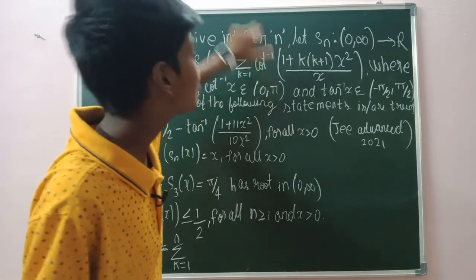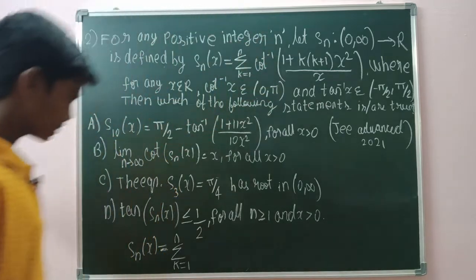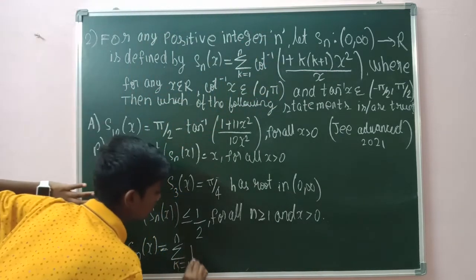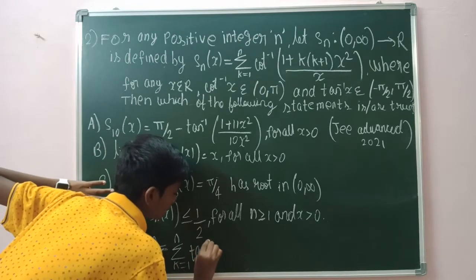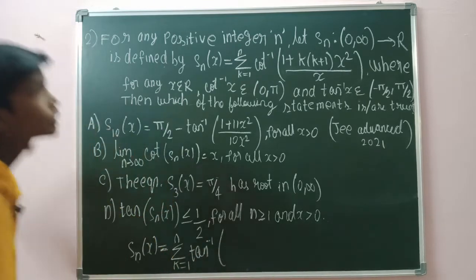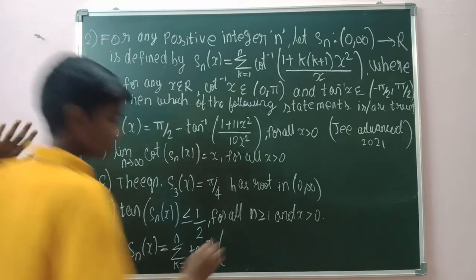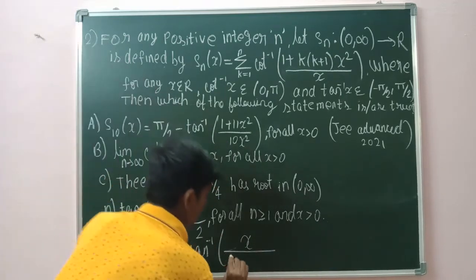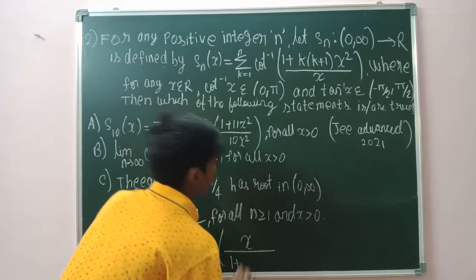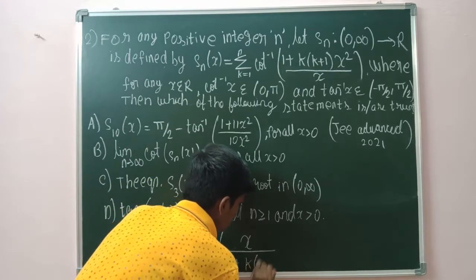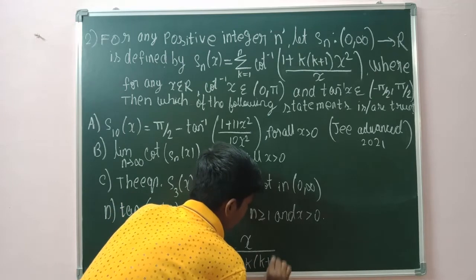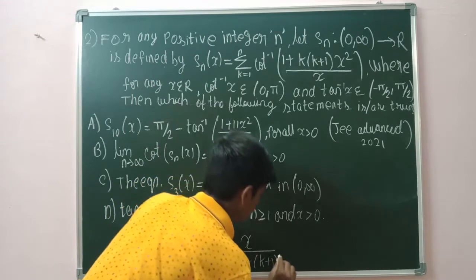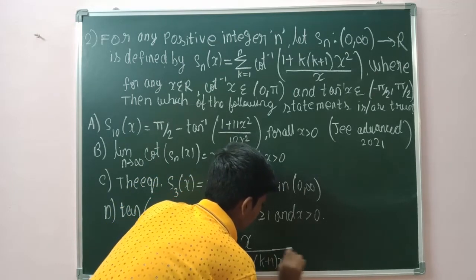I am going to write this cot inverse in terms of tan inverse, so the expression gets reciprocated. So it is tan inverse of x by (1 plus k into (k plus 1) into x square), correct?